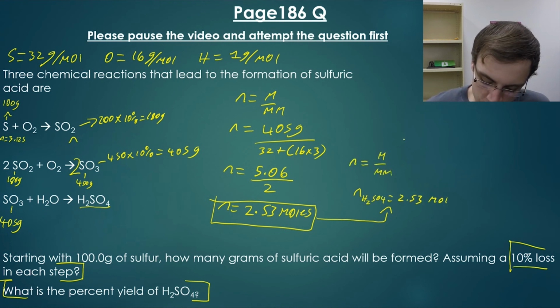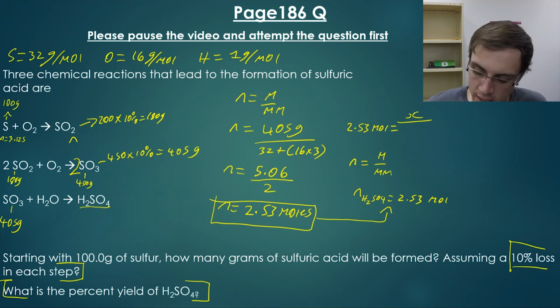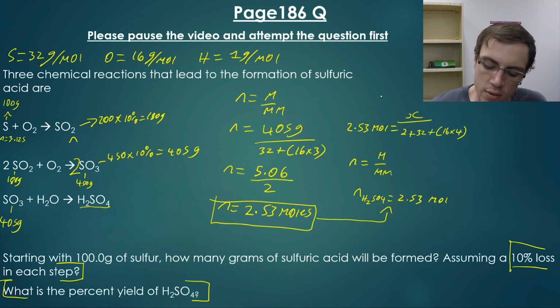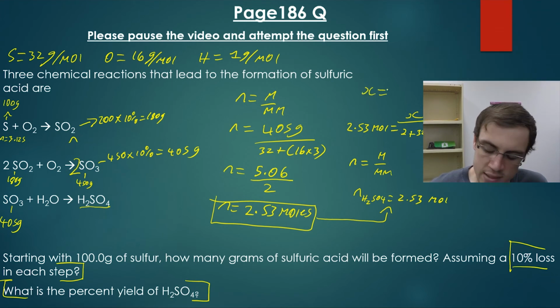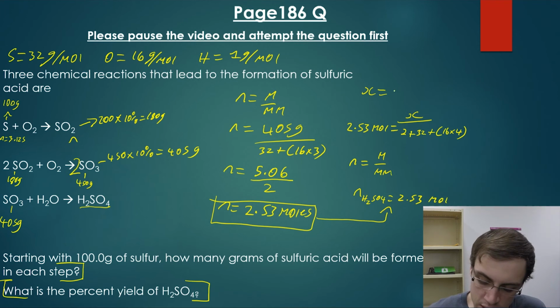So the moles, which is 2.53 mole, is equal to the mass, which we don't know, divided by the molar mass. So again, we rearrange this and solve for x, where the total amount of mass of sulfuric acid is going to be 248 grams.